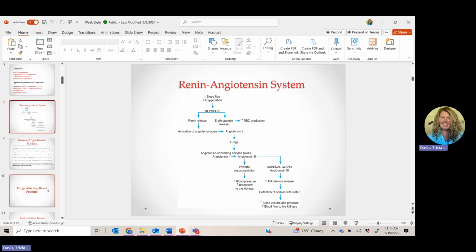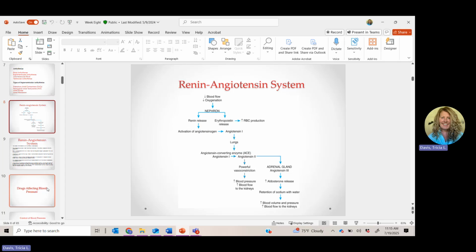So you need to understand the name of the system, the renin-angiotensin system, and that it does two things. The first thing we just talked about: it increases our red blood cell production. The second thing is that the nephrons are going to secrete renin. Renin is then going to go out through the body and activate something called angiotensinogen.